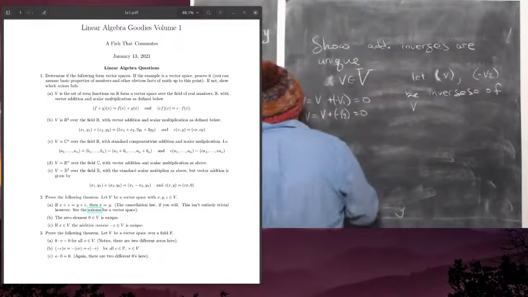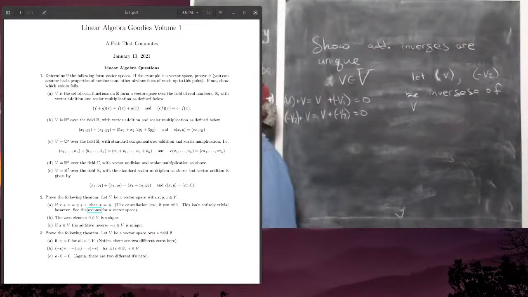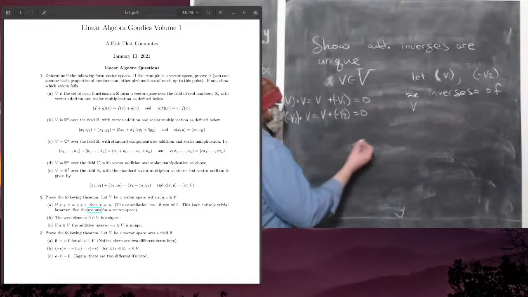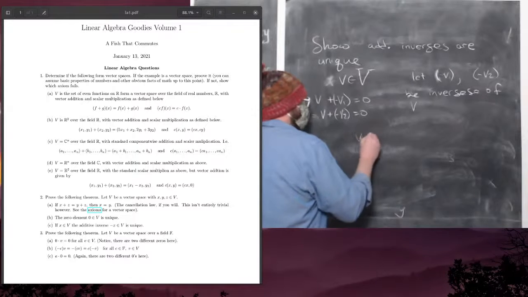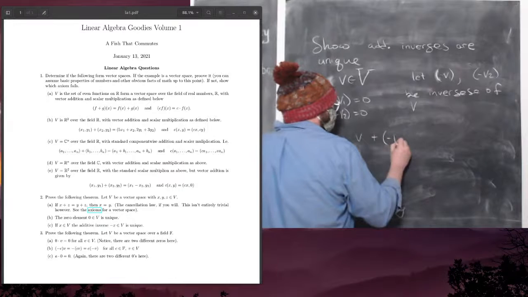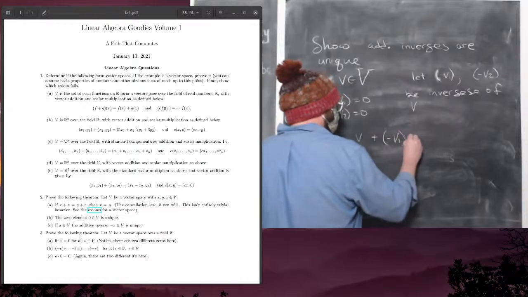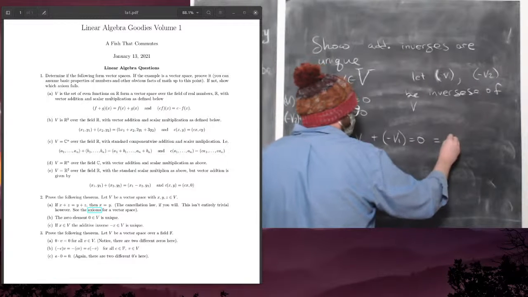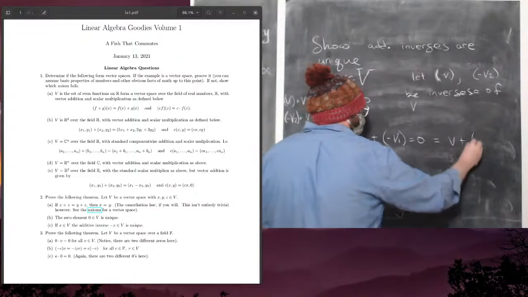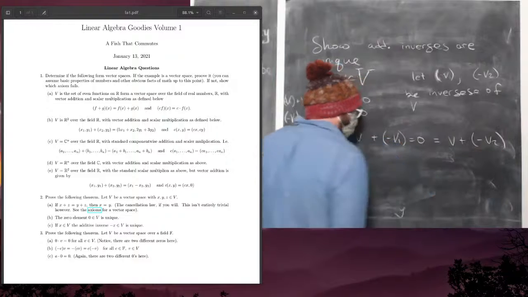Let's just write these down because they're equal to each other. There's almost nothing to do. So if we take V plus minus V1, that's equal to 0, which is equal to V plus minus V2.